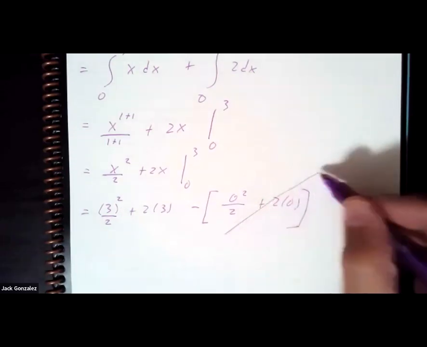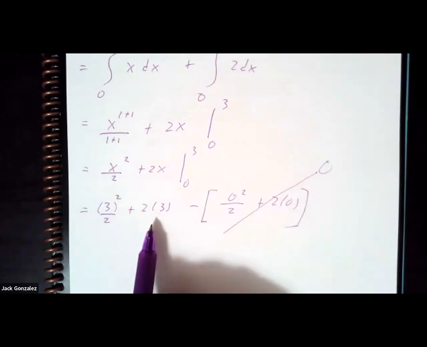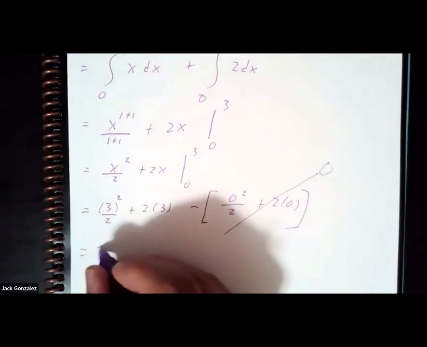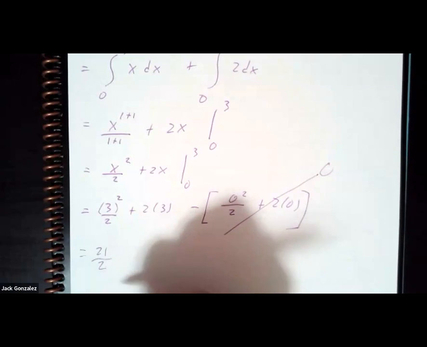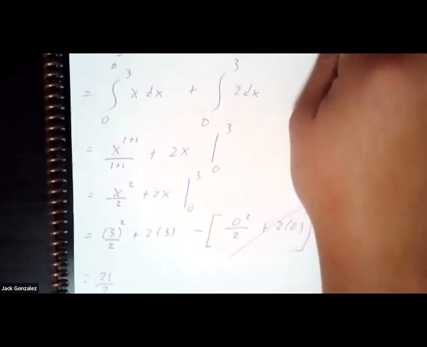This, of course, is 0. This would be 9 halves plus 6, 21 halves. Any questions on any of these steps here?